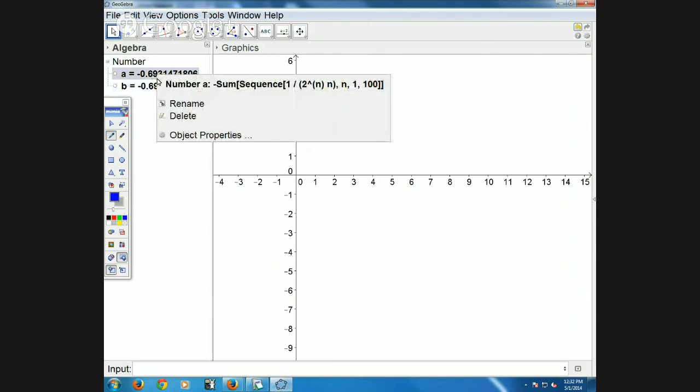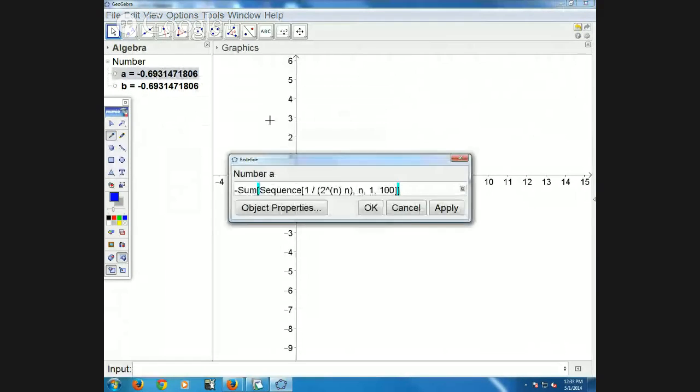I'm going to modify this series. I want just a numerator. Instead of 2 to the n, I want negative 1 to the n, because it's alternating, and then divide by n.